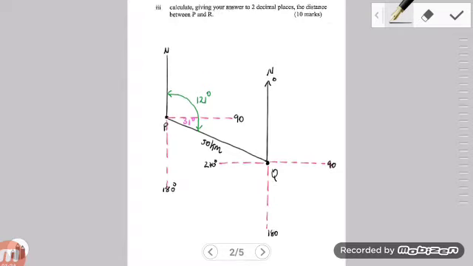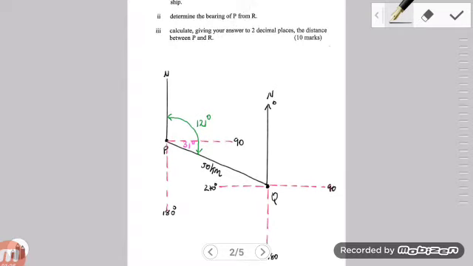So we can almost estimate that our port R is going to be in between the 270 and the 0 degrees here. So approximately going through the center here. Okay, so somewhere here, but we don't know exactly where R is.